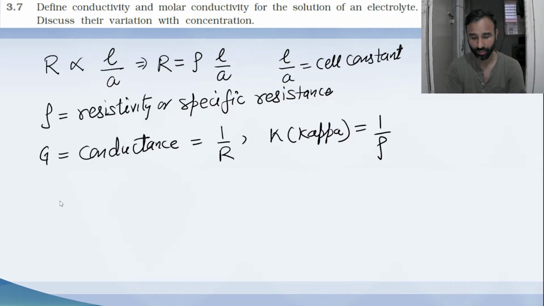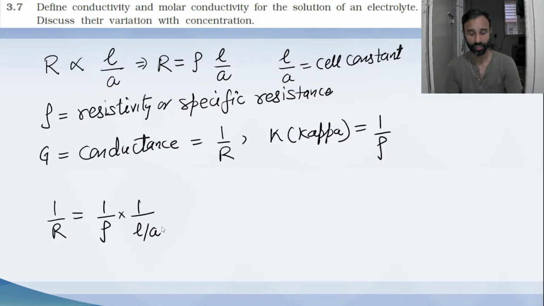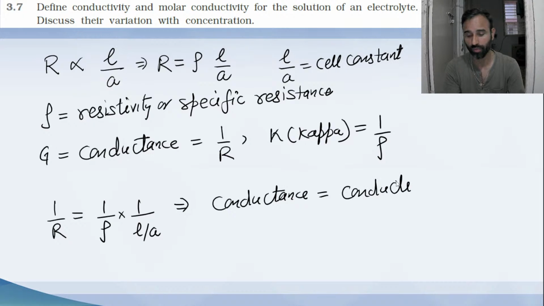We reciprocate: 1 upon resistance equals 1 upon resistivity into 1 upon L upon A. So 1 upon resistance is conductance, equal to conductivity divided by L upon A.